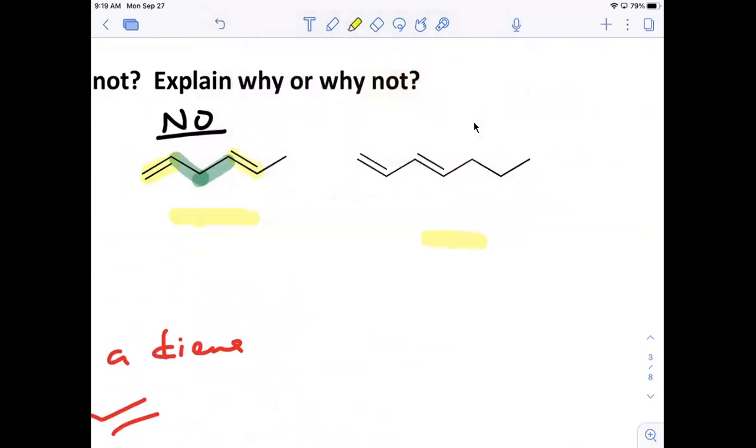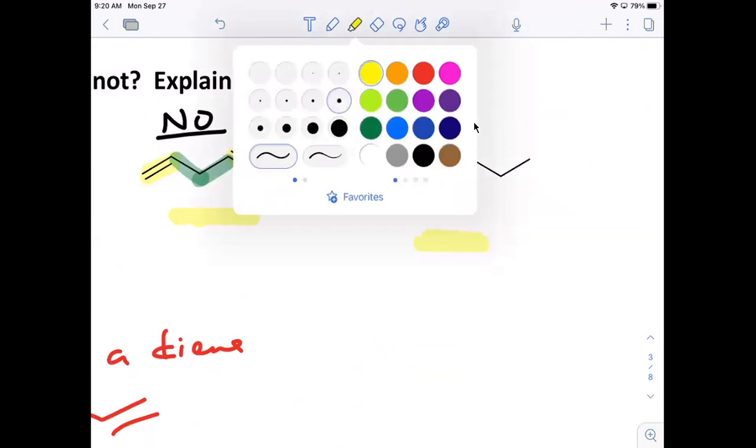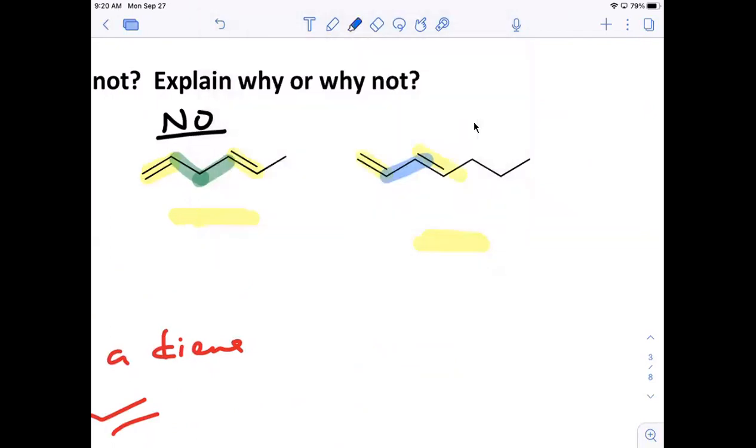Would this one be conjugated? Yes, since there's only one sigma bond in between. You see the pattern, right? You've got pi, and then sigma between them. So yes. Now it's not fully conjugated, obviously, because there's not a p orbital on every carbon in that molecule, but it is conjugated.